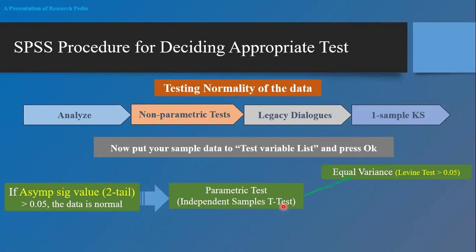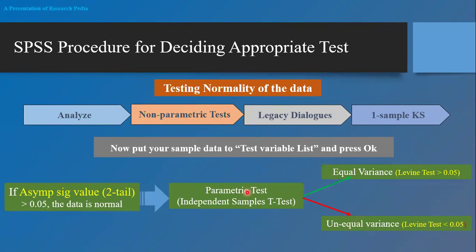In case of the independent sample t-test, we need to verify two further considerations. The first one is the equal variance assumption. If the Levene's test indicates a value greater than 5%, it means an equal variance assumption would be applied here. But if the Levene's test indicates a value less than 5%, it means unequal variance is assumed.